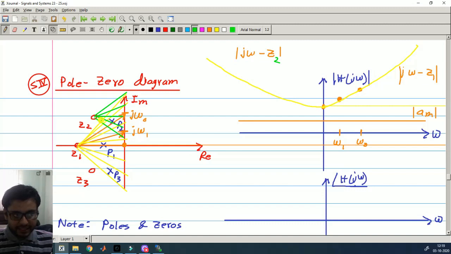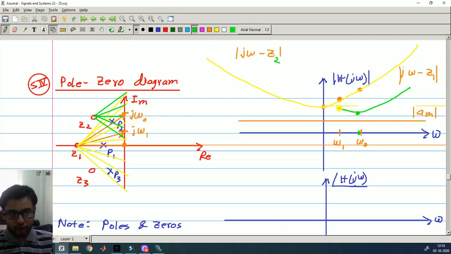So you can see that for omega equal to this much, this length is minimum. And then when omega increases, this length increases, and on the other side also the length increases.